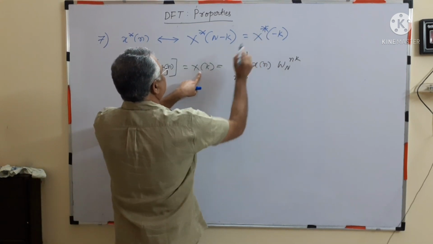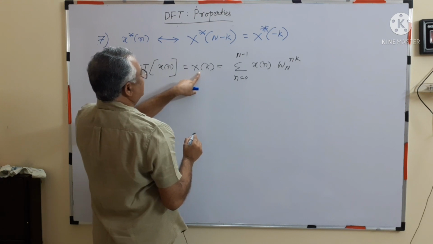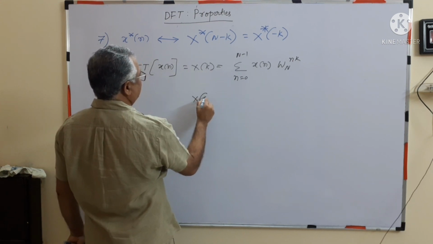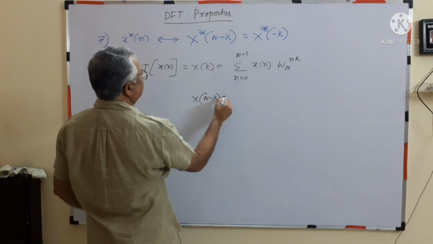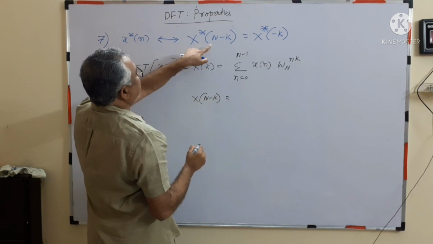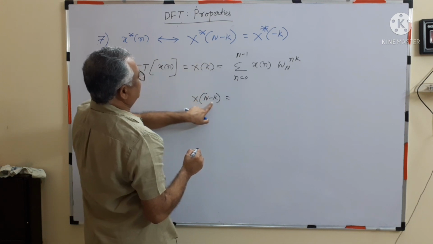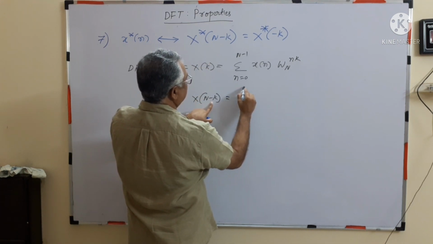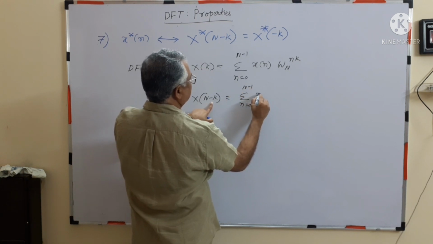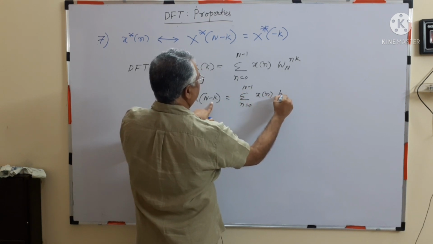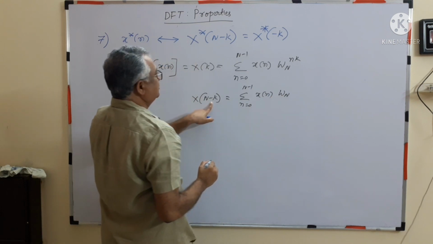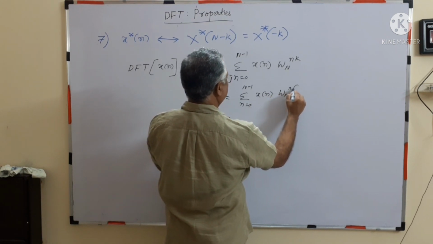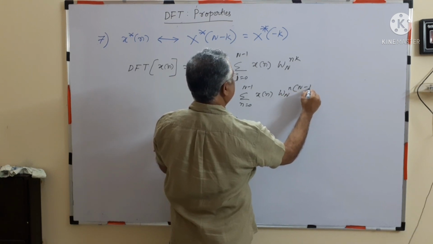So let us find X of N minus k. What is X of N minus k? K I am replacing with N minus k. So sigma n equal to 0 to N minus 1 of x of n W_N^n(N minus k).